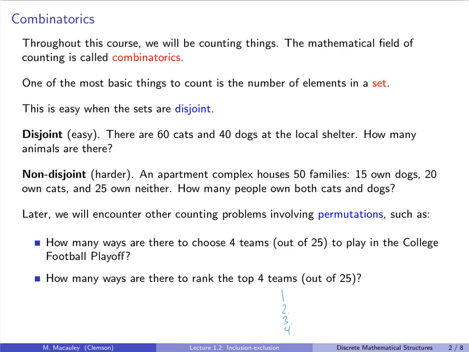So there's obviously going to be more of those, because for every possible 4 teams that we pick, there are 4 factorial ways to rank them. Okay, so that's all coming up in later lectures. This lecture is going to be focused on this problem, what we just did, called inclusion-exclusion, without even realizing it.